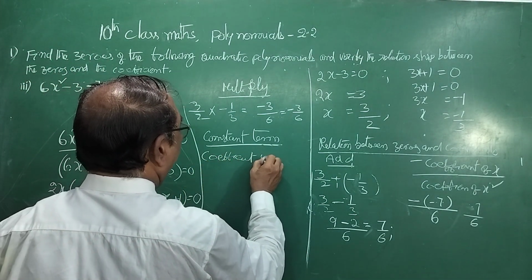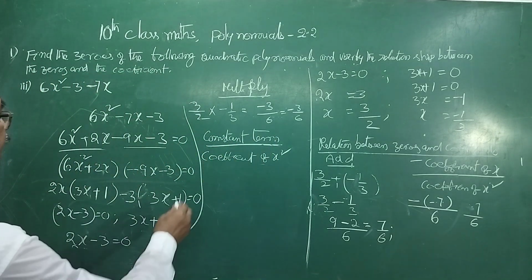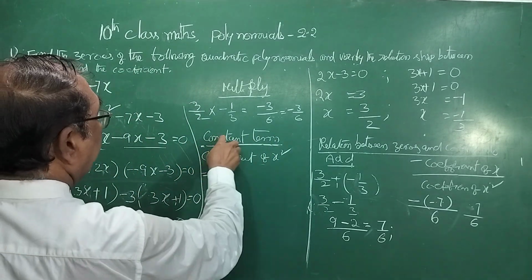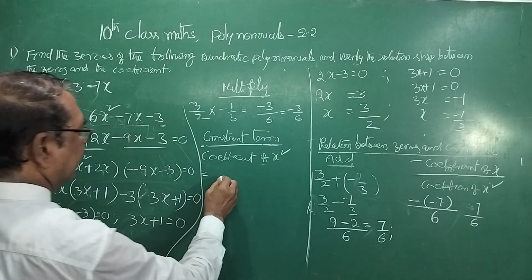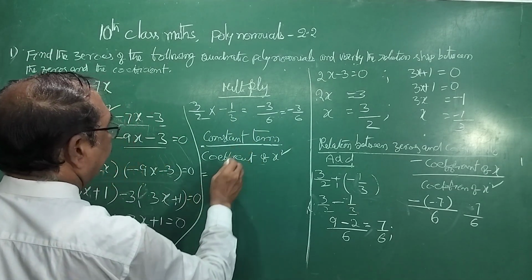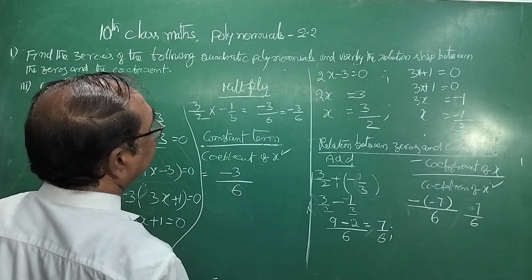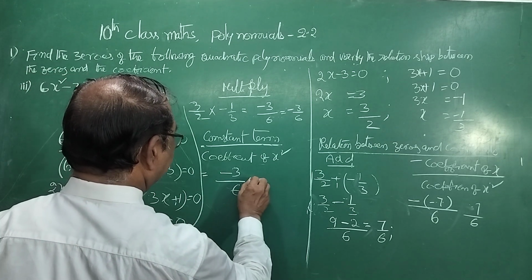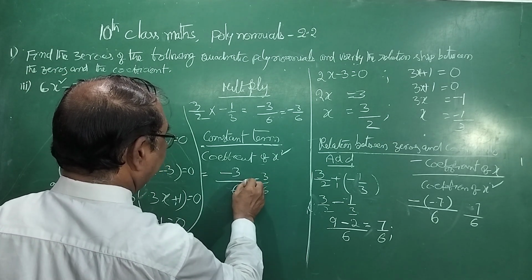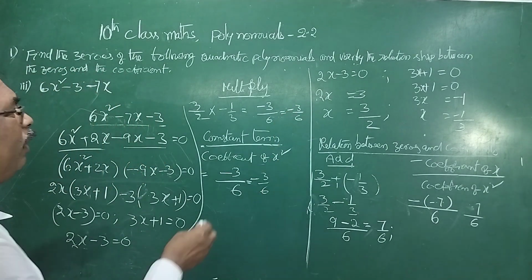What is the constant term in this polynomial? Minus 3. Minus 3 by the coefficient of x square, which is 6. Yes, minus 3 by 6. Same answer. We can simplify it.